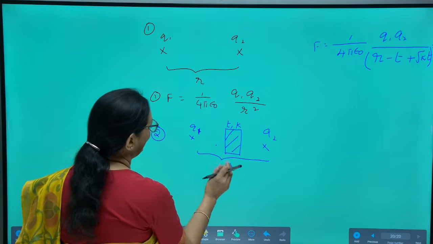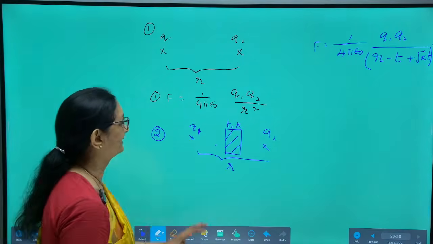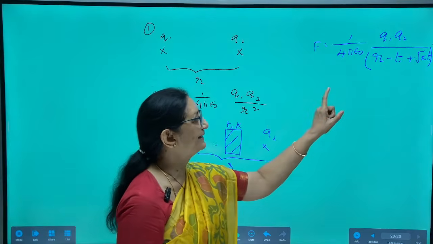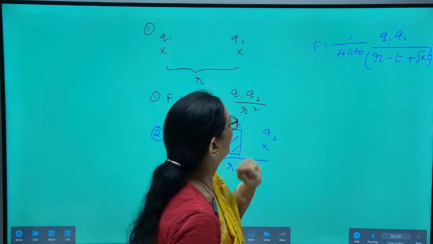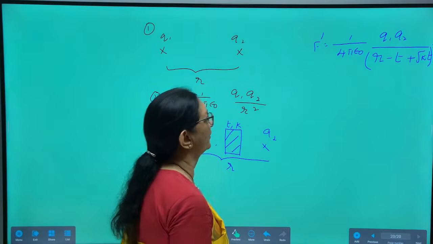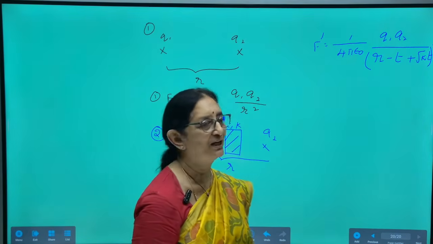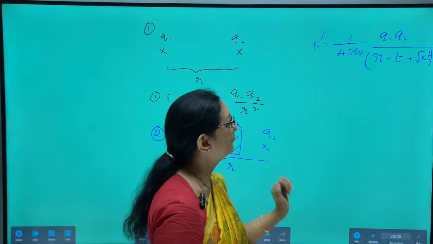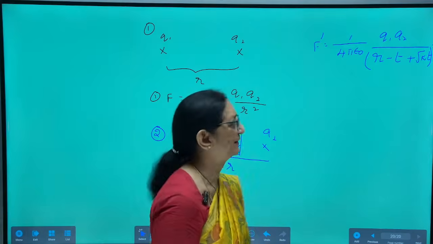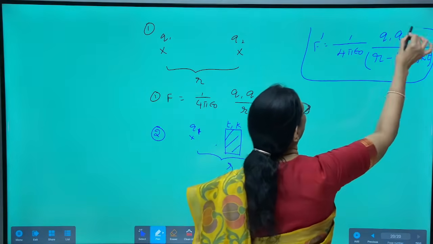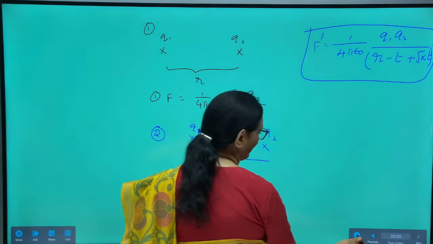So, the air thickness becomes R minus T. The effective dielectric thickness, that is the equivalent length of air column, becomes root K into T. So, the new force of attraction or repulsion becomes F dash is equal to 1 by 4 pi epsilon naught Q1 Q2 by R minus T plus root KT, whole square. Very important relation. So, I will give you one problem based on that concept.